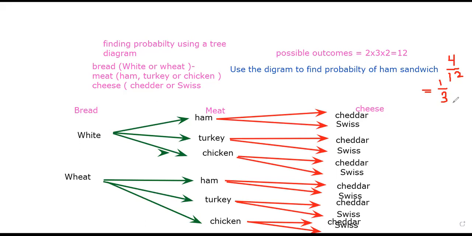For ham, we have cheddar and Swiss, with the white bread and with the wheat bread, we have ham, cheddar, and Swiss. So how many times can you find ham? 4 times. Thank you. Then 4 over the total, which was 12, equal 1 over 3.